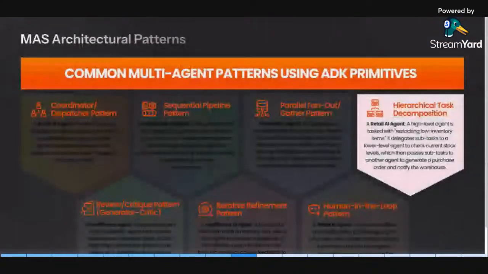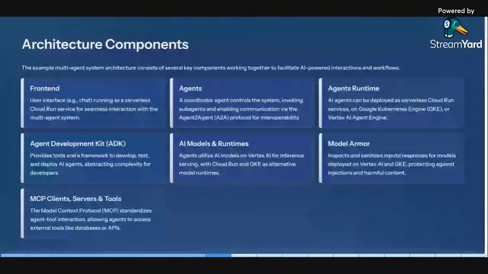So, yeah, these are the main architecture components, as I told. First of all is the front end, through which the user interface runs as a serverless Cloud Run service. Then the agents: the agent can control the entire system, but can also be connected to the sub agents to enable communication with the agent to agent protocol.